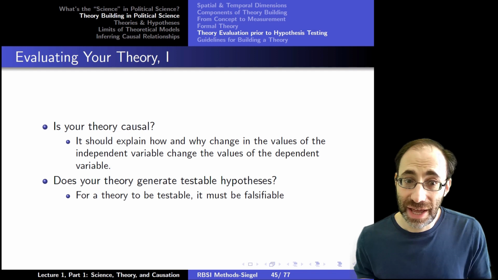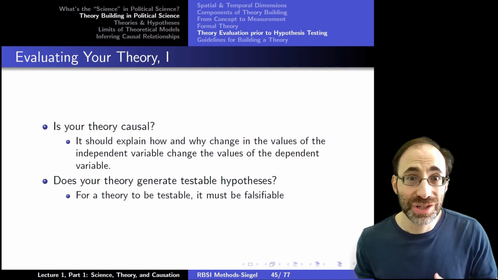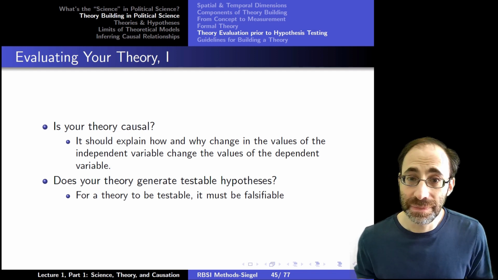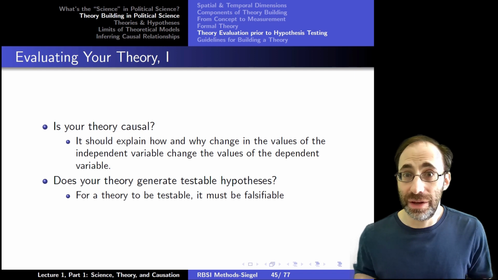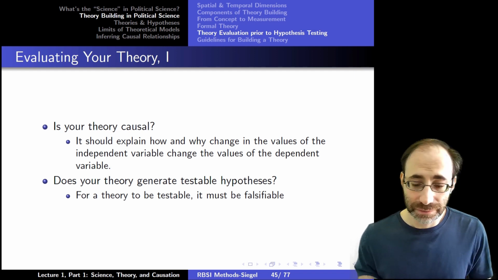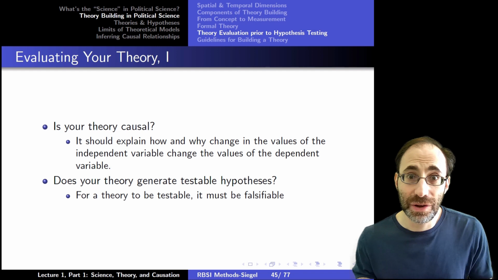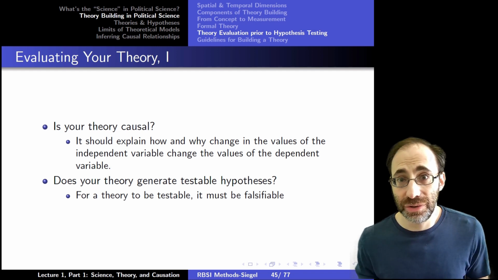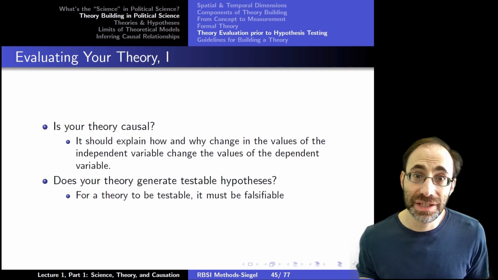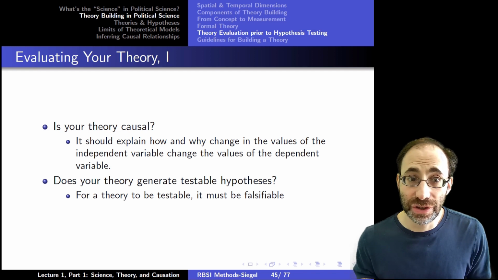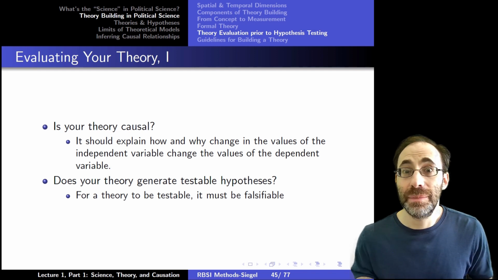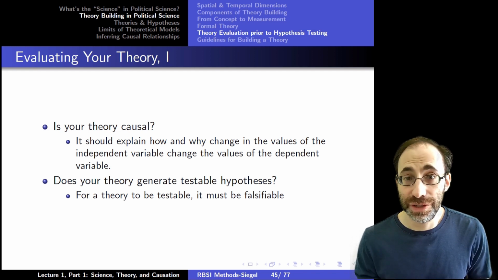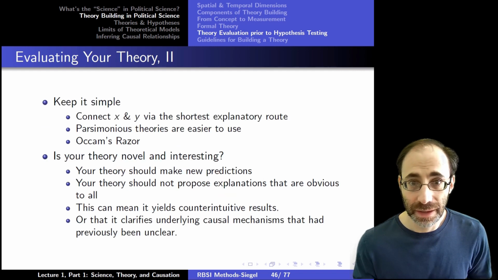If our theory lacks causality and does not produce any falsifiable hypotheses, we don't really have a theory we can go ahead with. That's important. And these are two important ways to evaluate our theory before we do any kind of measurement or any kind of hypothesis testing. We want to make absolutely sure that our theory is causal and produces testable, falsifiable hypotheses.